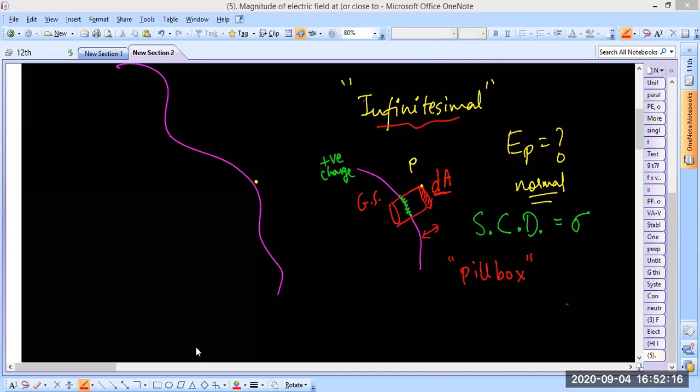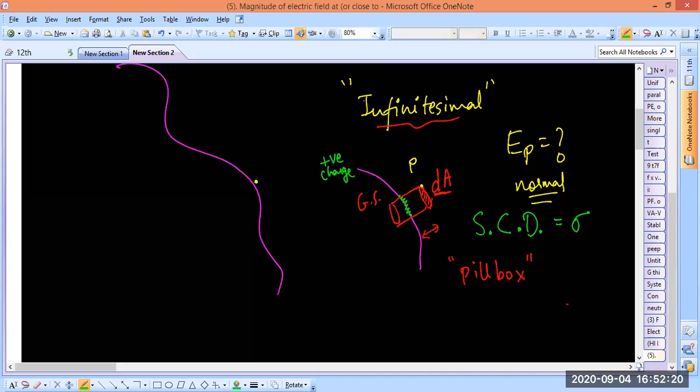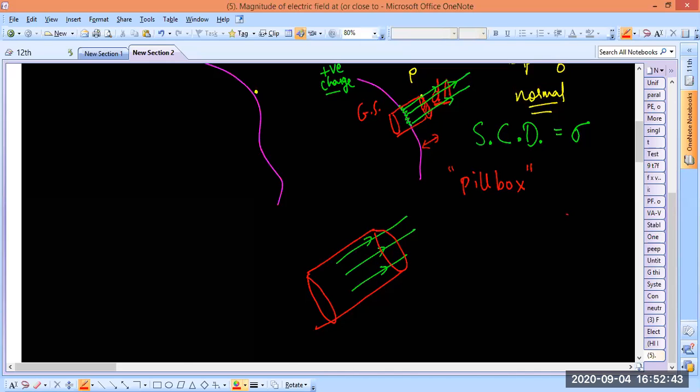Now if we draw the electric field, I'm assuming this is positive charge, so this electric field will come out normally. Is that okay? Like this. Clear? The diagram got spoiled, I know, I'm drawing it again. This is the electric field, right? And this is that cylinder, like this, and pink is the surface.